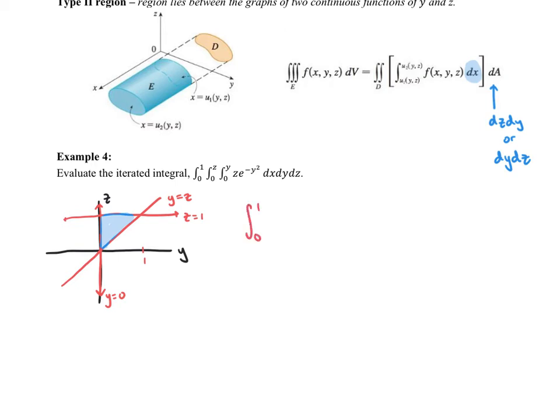We have the integral from 0 to 1, the integral from 0 to z, and we're going to take our first antiderivative with respect to x, which is just x z e to the negative y squared, where x is from 0 to y. Whoops, sorry. And that gives us y z e to the negative y squared, and then we have dy dz.